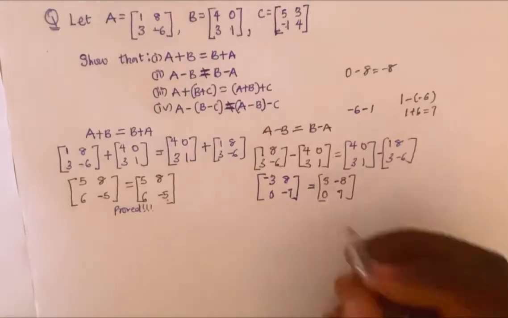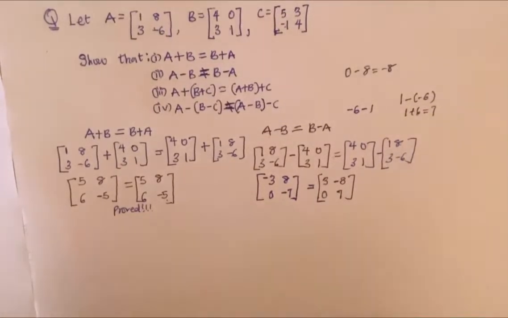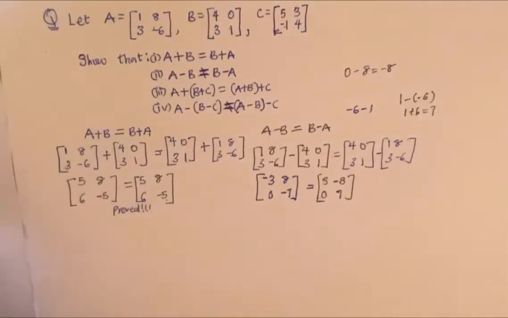Now, are they equal? Well, if we ignore the arithmetic sign in front of each element, both matrices are actually the same. But if you consider the sign in front of each element, both matrices are not the same.